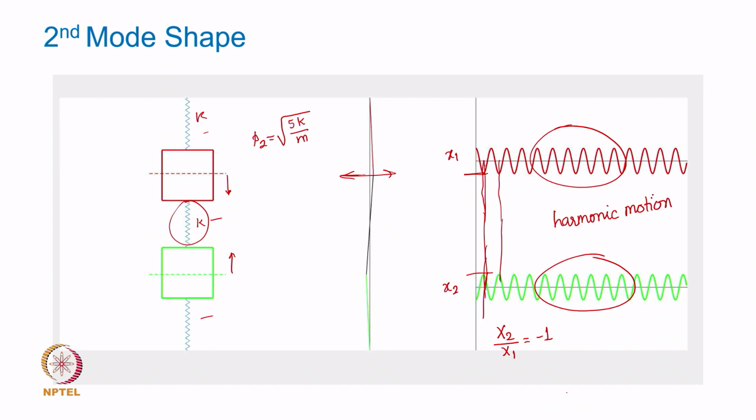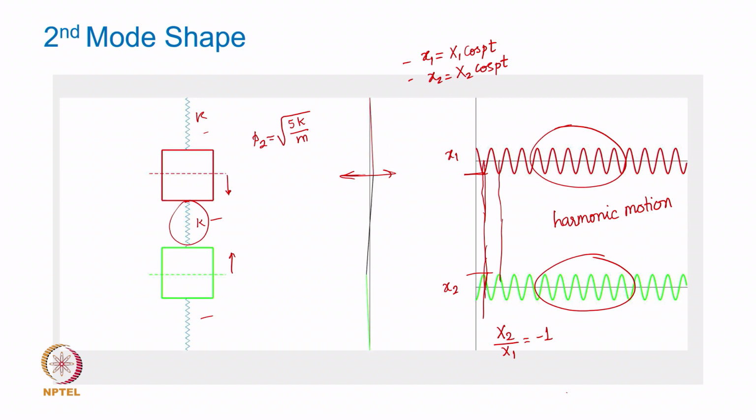and what was our assumption in the derivation of all these frequencies P1, P2, x2 by x1? It was with the assumption that my initial amplitude is x1 and initial amplitude is x2, because these equations are always satisfied at all instants of time.